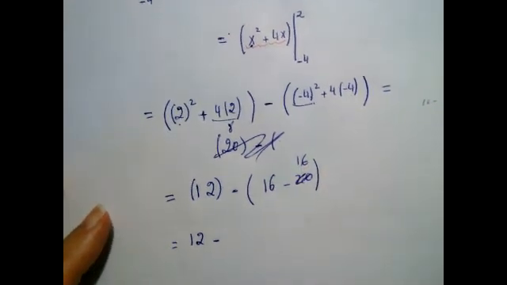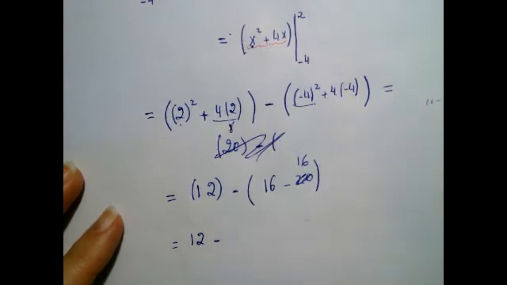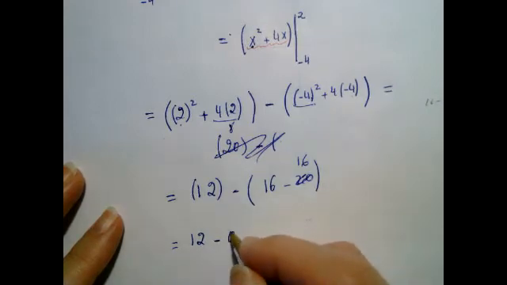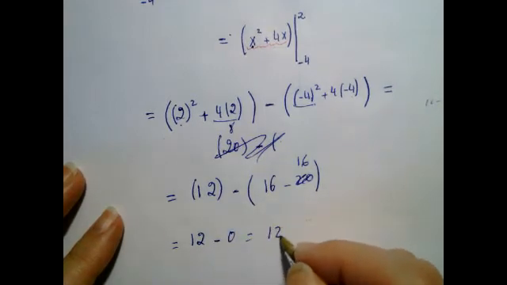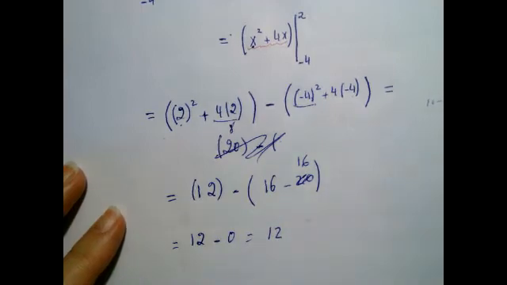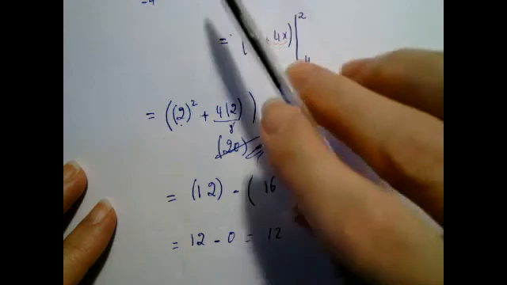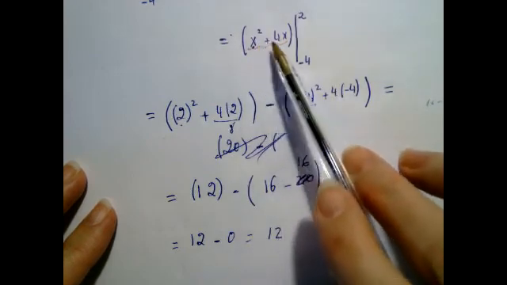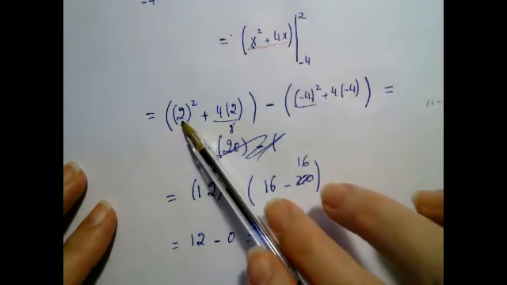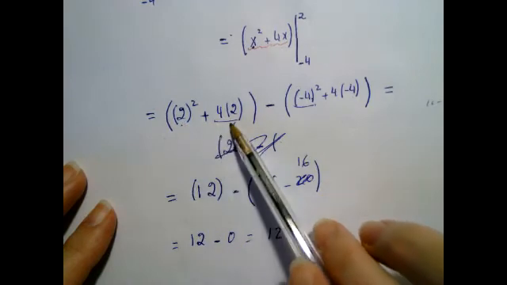Something else is bothering me. It's going to give me 12, right? Did I get 4 over there? That's x squared plus 4x. 2 squared plus 4 times 2.